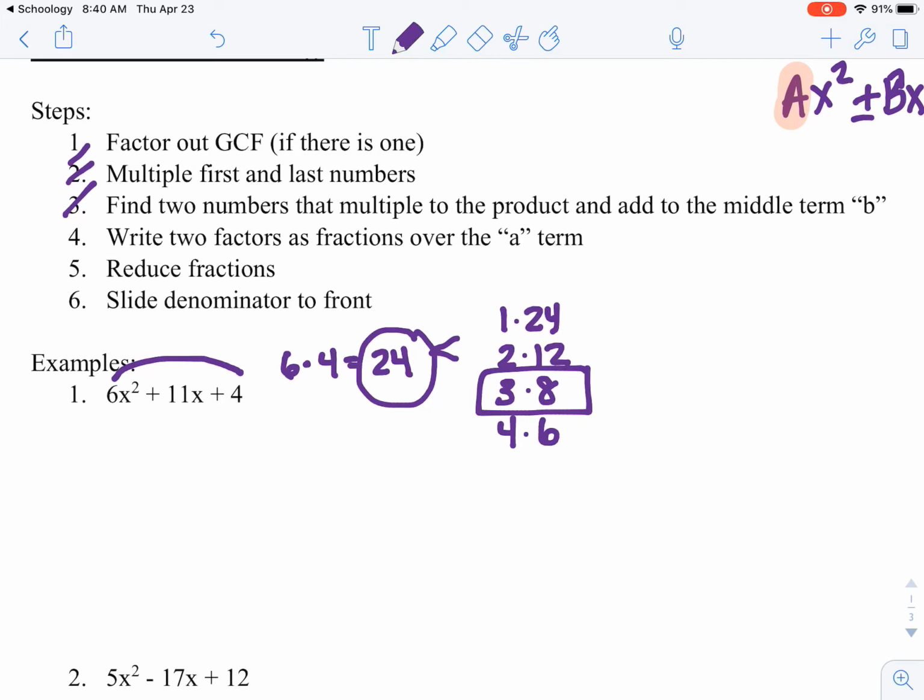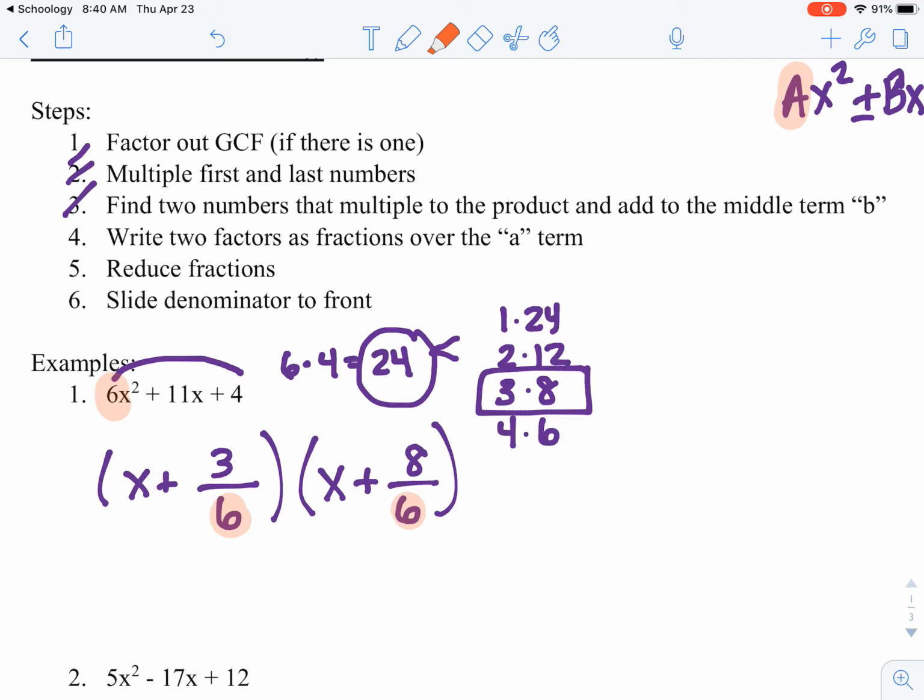Now I'm going to write the two factors as fractions over the a term. So I have x plus 3 over 6, there's my a term 6, parentheses, times x plus 8 over 6. Again, 6 is my a value for this example. Now we want to reduce our fractions. So x plus 1 over 2 times x plus 4 over 3.